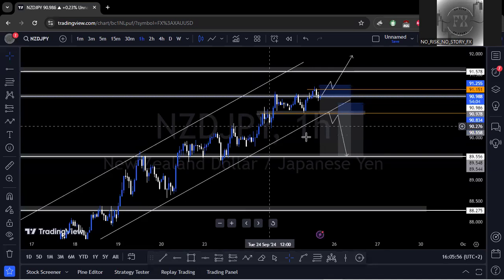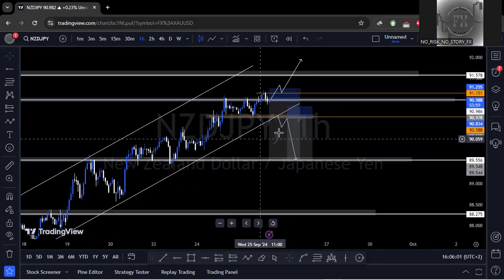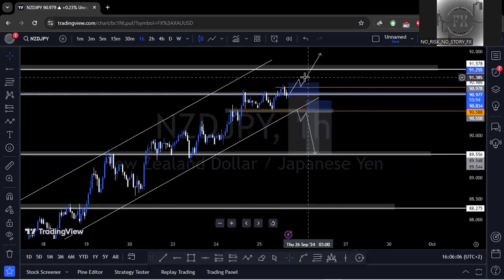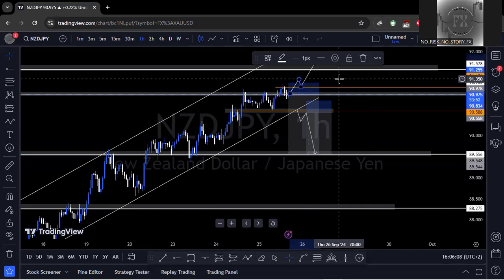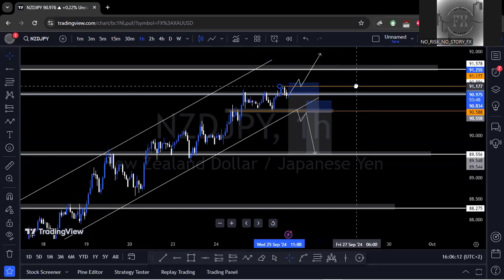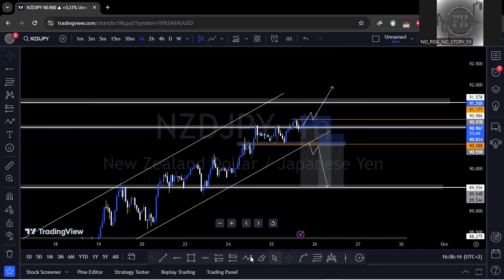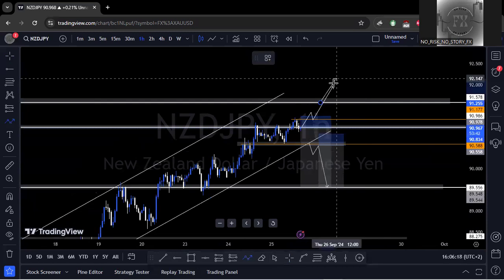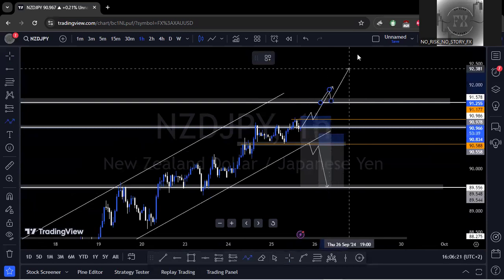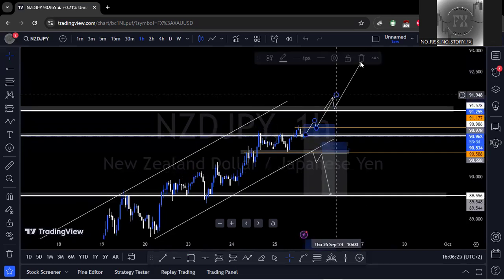But then the best thing to do is to just wait, right? Wait for this market to just break above here, give us this nice retest to then take those strong buying opportunities, right?